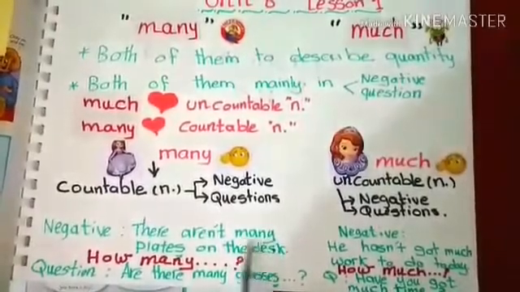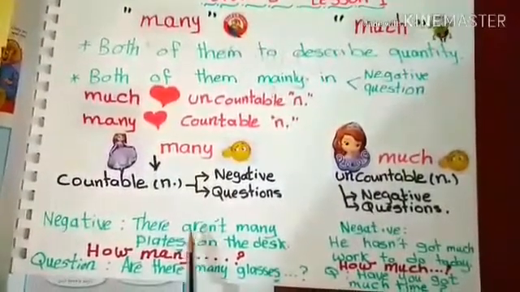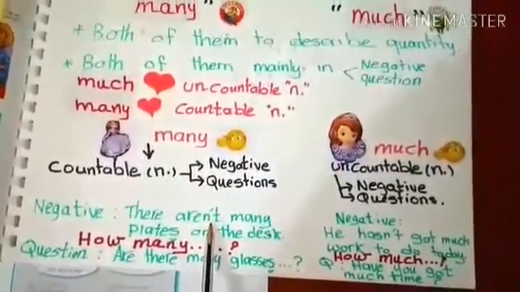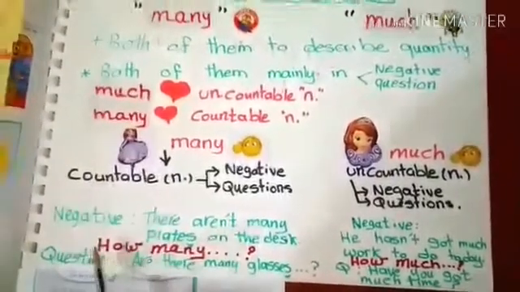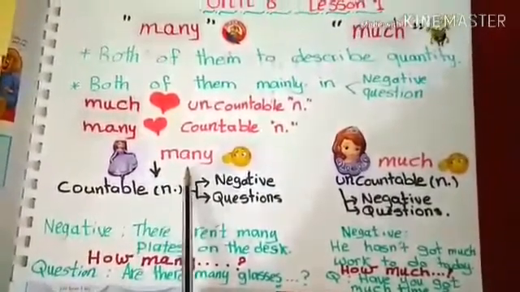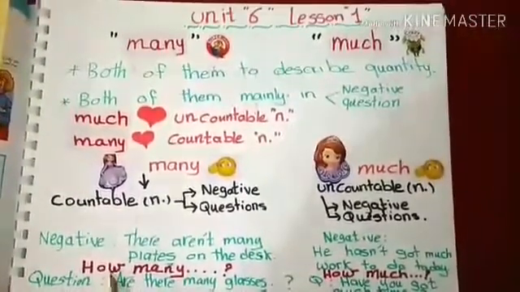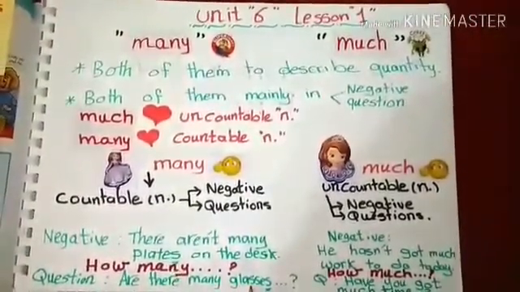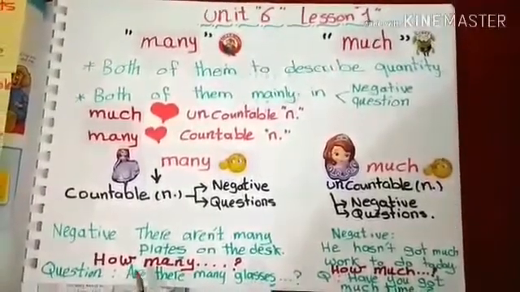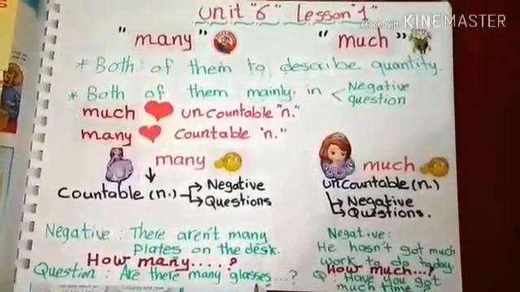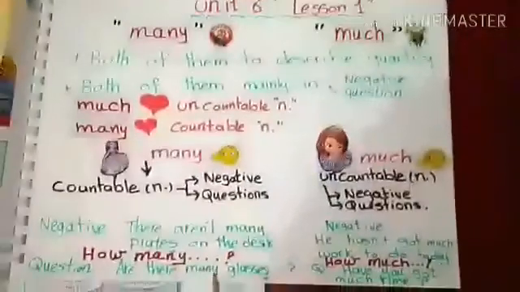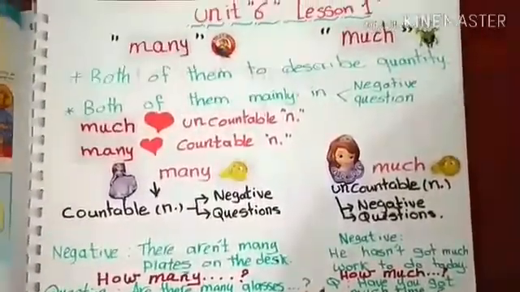Many here comes with the negative, are plus not, aren't. We can use many to make a question. I can say: how many glasses are on the table? Or: are there many glasses on the table?